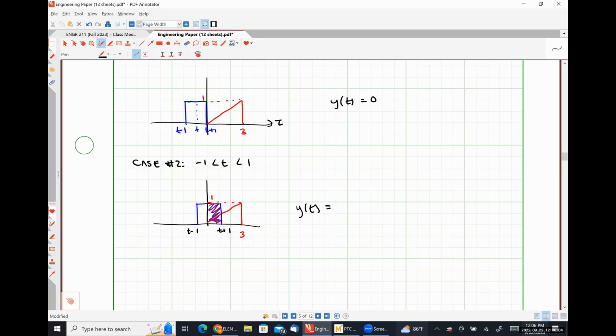Let's start there: 0 to t plus 1. I agree with that. My unit step function, excuse me, is just going to look like 1, so I'll throw a 1 in there. What about my ramp function? 1/3 tau, excuse me. Does anybody have any problems with why this is the correct integral for this specific part of time?